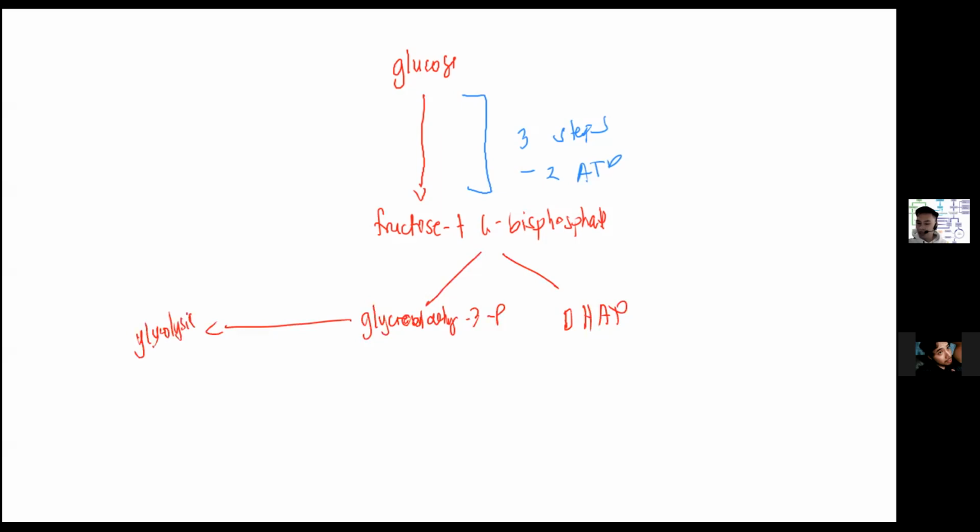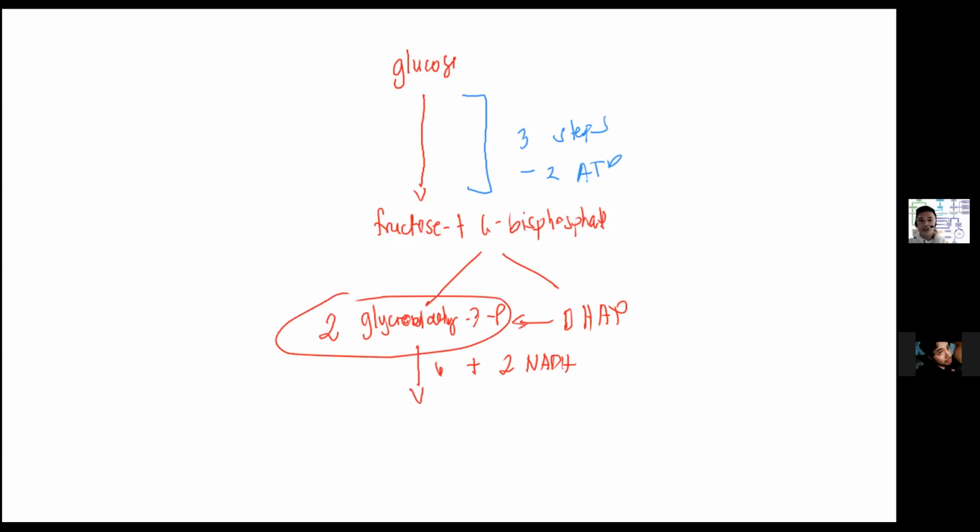So only glyceraldehyde can proceed to glycolysis. Am I right? So what do we need to do first? We need to convert DHAP to glyceraldehyde 3-phosphate. So it's as if there are 2 glyceraldehyde 3-phosphate that proceed to glycolysis. Step 6 produces 1 NADH, so we produce a total of 2 NADH, because again there are 2 glyceraldehyde 3-phosphate.